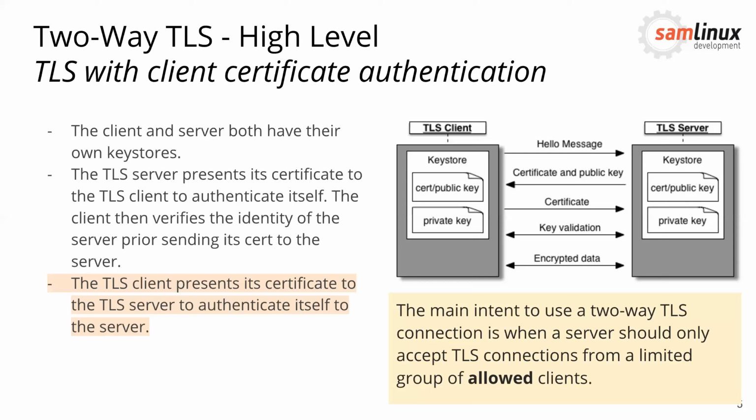So I have here a sentence. The main intent to use a two-way TLS connection is when a server should only accept TLS connections from a limited group of allowed clients. So with this, you can say only my members, my certificates, my members of the fabric network can communicate with this system.